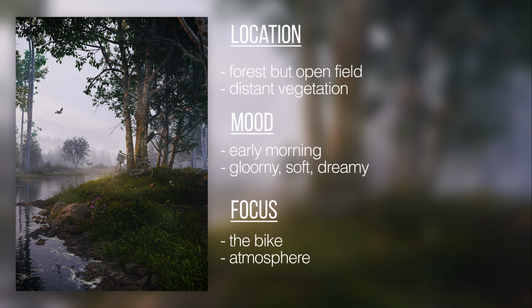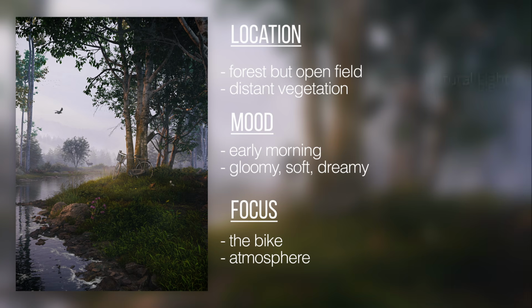Next, I want to make sure that the viewers are more focused on the bike in the middle over here. This should be the area where the main focus is, but also keeping the atmosphere quite right so we can see all the distant figures quite nicely. Once I've made all these mental notes about all these questions, I could start lighting using each individual answer as a pinpoint for what to do in my scene.